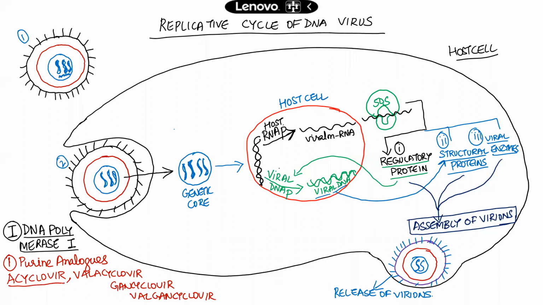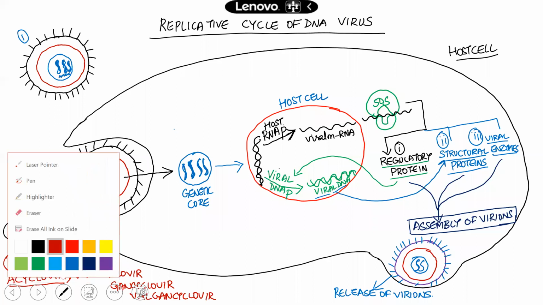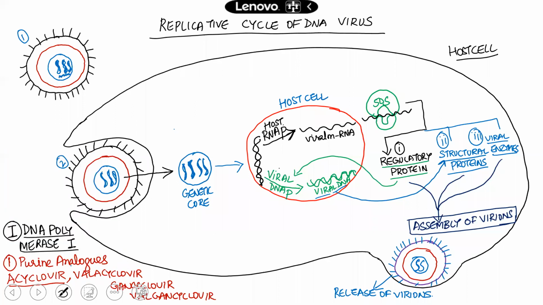But our point being, after having studied the drugs, you have to know where this acts in this particular diagram. So the purine analogs act at the level of the viral DNA polymerase. So this is where your number one drug acts. When it acts over here, it inhibits the viral DNA polymerase activity.